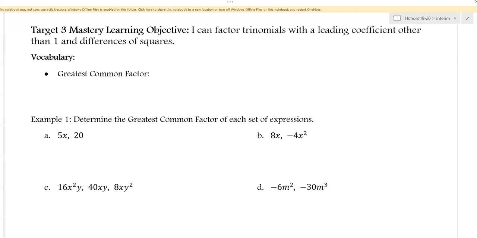So a greatest common factor is a factor that divides evenly into every term.